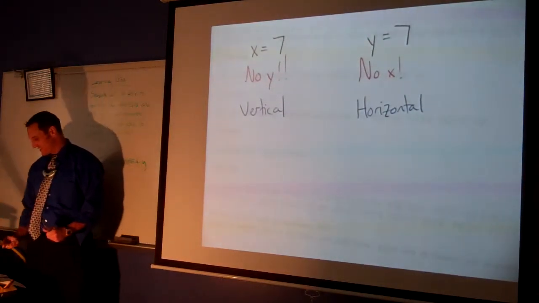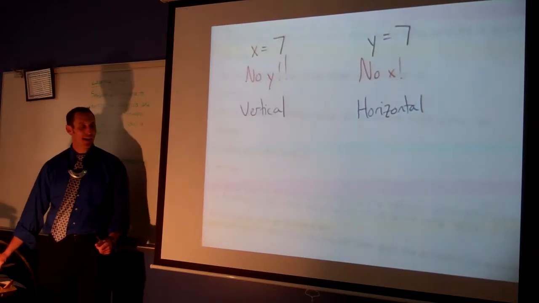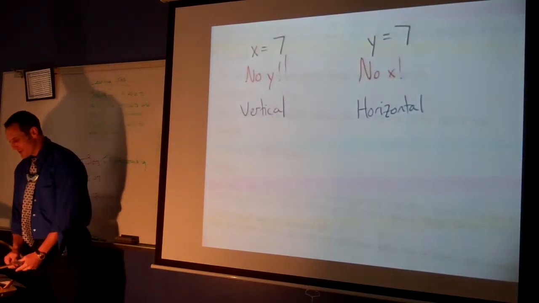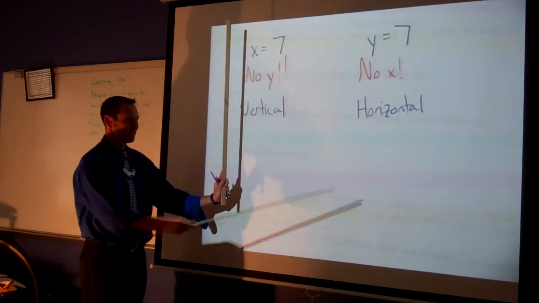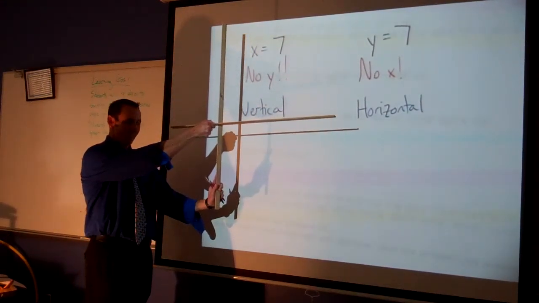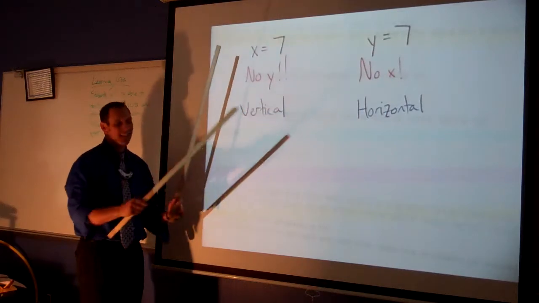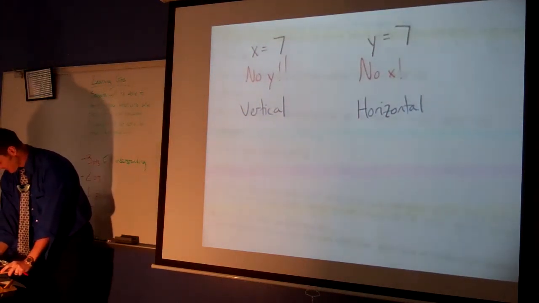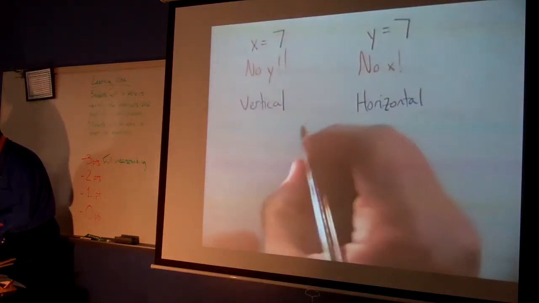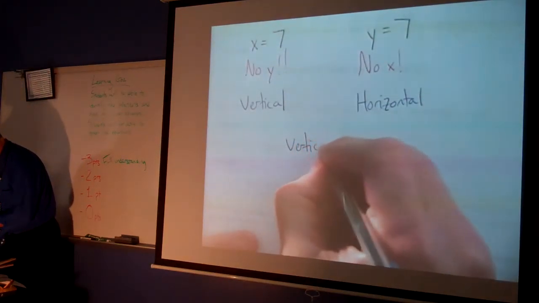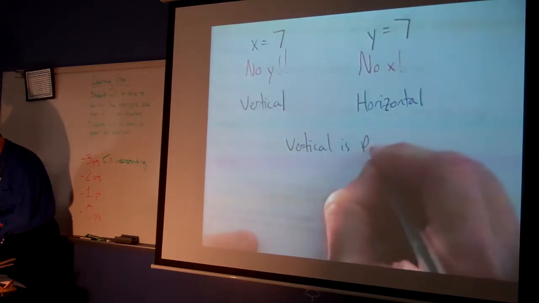So the question is, are these two lines parallel, perpendicular, or neither? So the first one is vertical, the second one, horizontal. That is perpendicular. So this is completely perpendicular because you should know that vertical is perpendicular to horizontal.